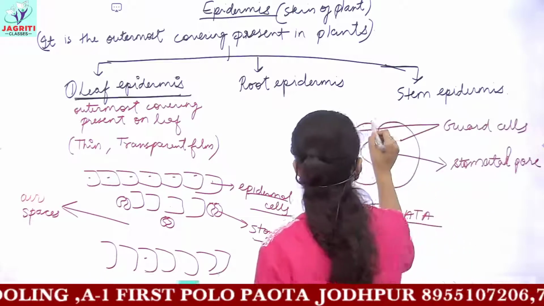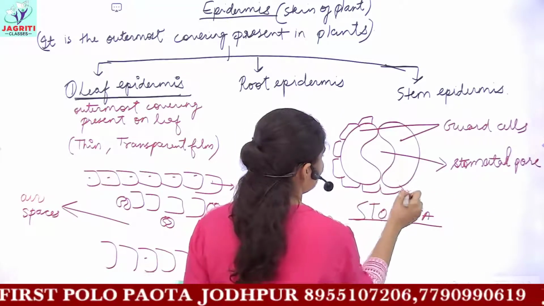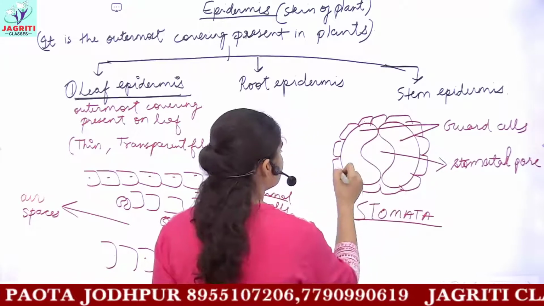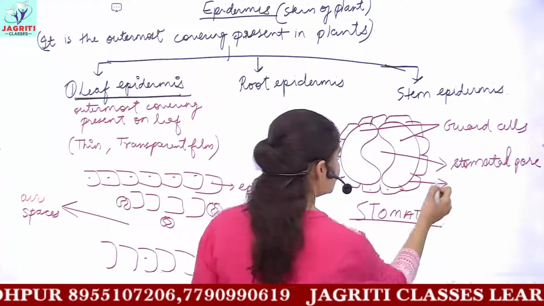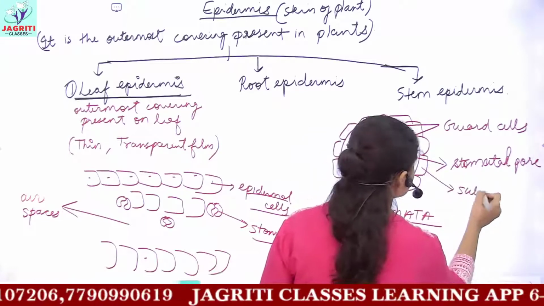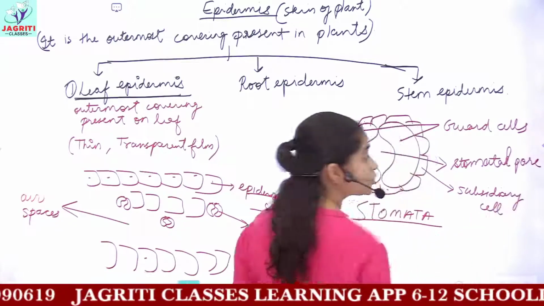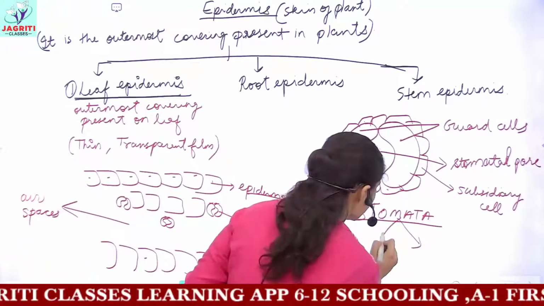Then you have numerous cells surrounding these guard cells. Many cells are present outside these guard cells, and these cells are in turn called subsidiary cells. This completes the structure of stomata. And you should know two different functions which stomata perform.